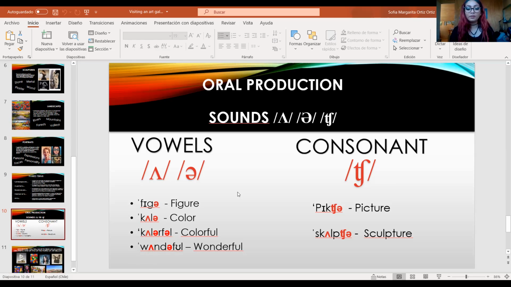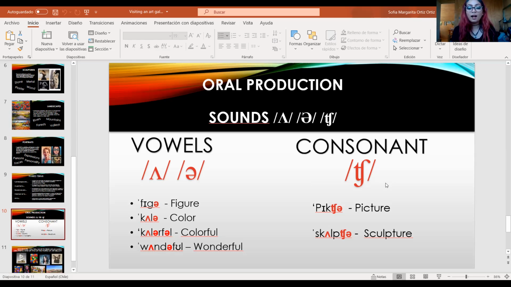And now the consonant, which we can find in the word picture, picture, cha, picture.